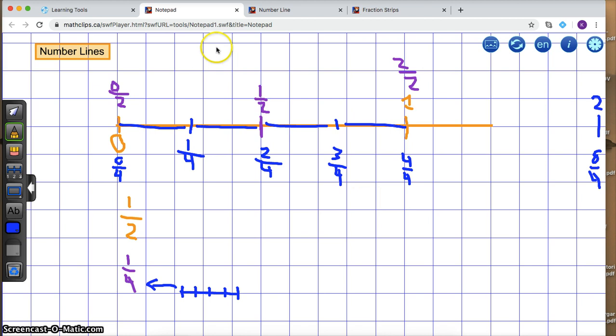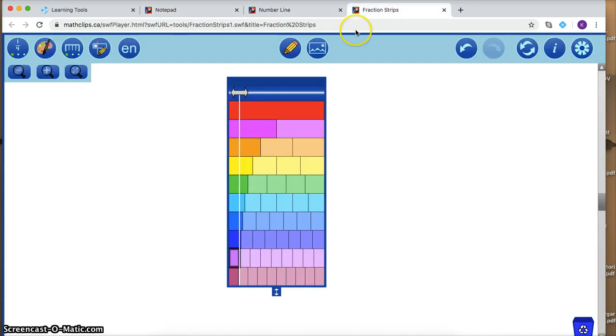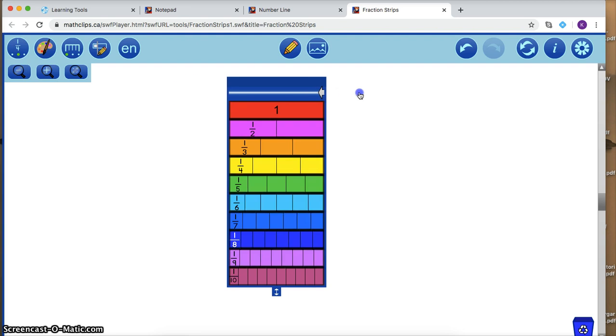How do we know? I think using your fraction strips will help. So you have this with the numbers on them in your binders, and they're not colored in. But if I look at fourths, I have 1/4, 2/4, 3/4, 4/4. Let's see if it'll go to extend.